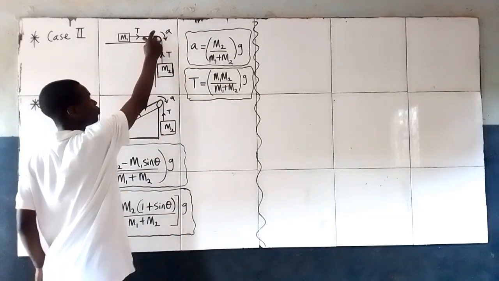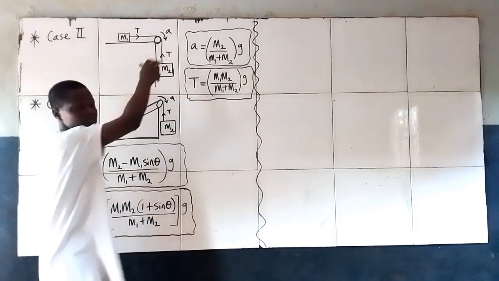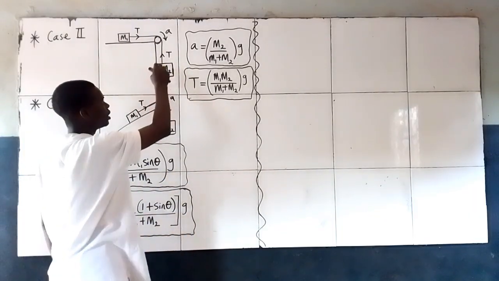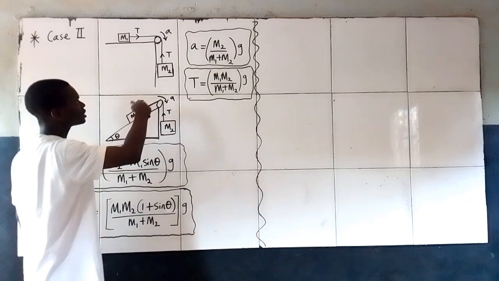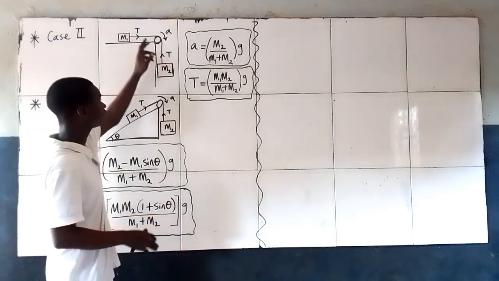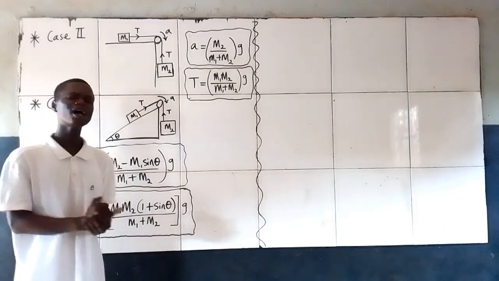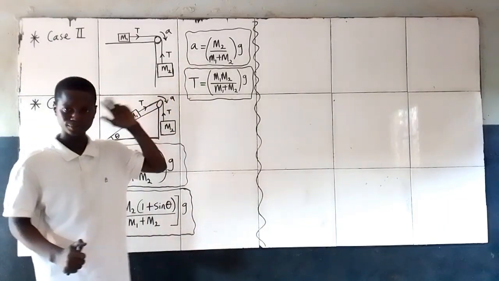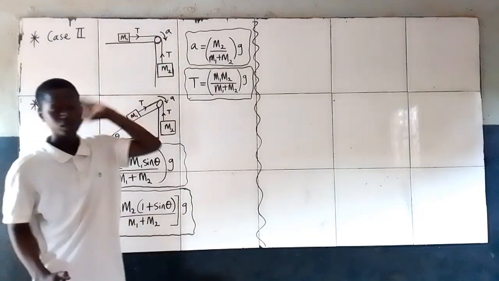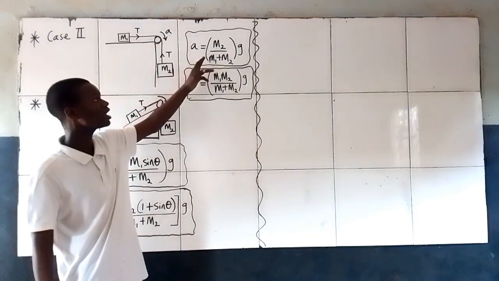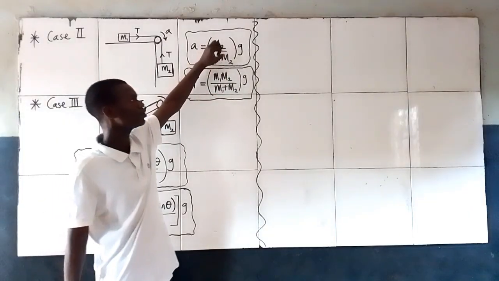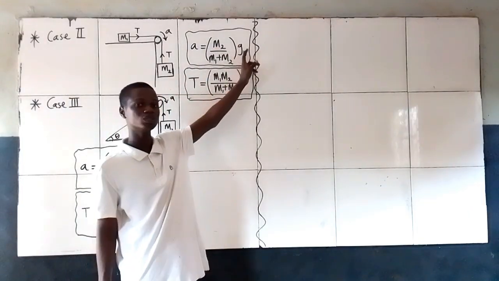At this point on the pivot, the acceleration is A. In each rope you have tension T acting in the opposite direction to the weight, and the tension here and the tension here are the same. So we use T and T. If you were asked to find the acceleration of these two masses, the formula to use is A equals M2 over M1 plus M2, whatever you get as a resultant of this, times gravity.